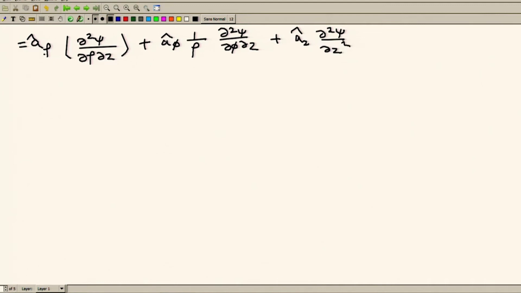So, we will find H rho as 1 upon Z cap del square xi del rho del z.